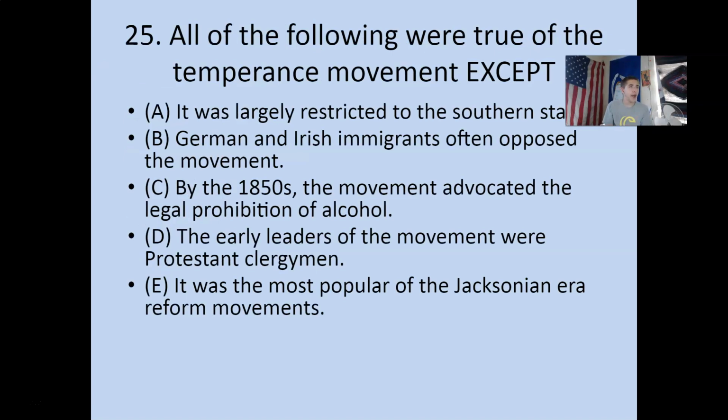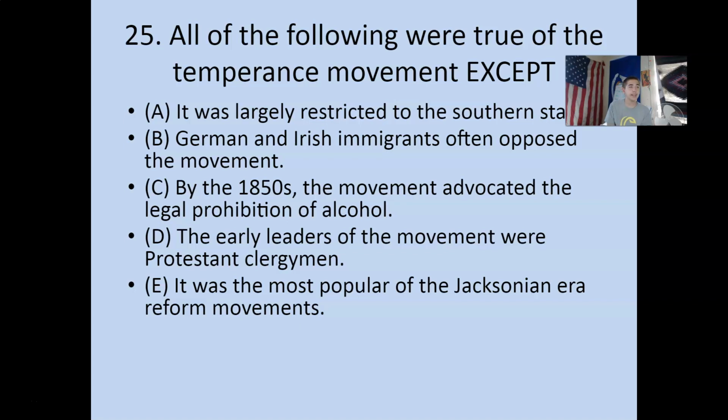Number 25. All of the following were true of the temperance movement except A. It was largely restricted to the southern states. B. German and Irish immigrants often opposed the movement. C. By the 1850s, the movement advocated the legal prohibition of alcohol.